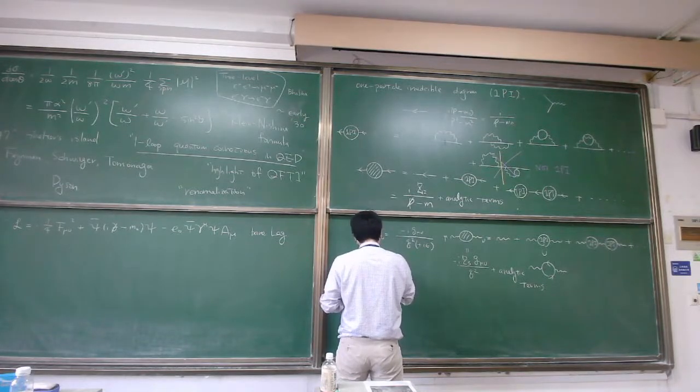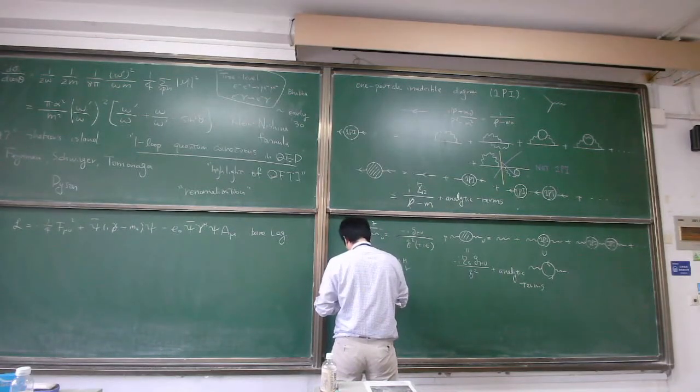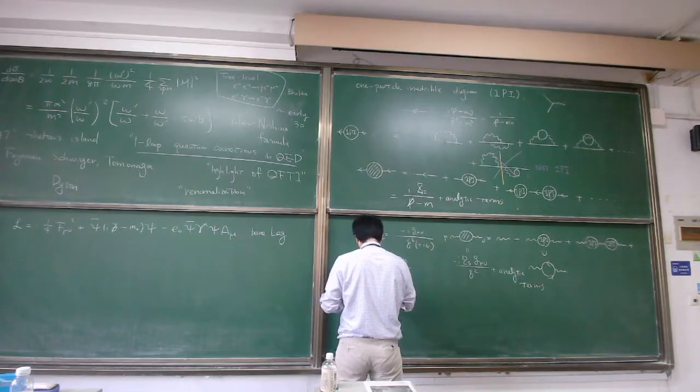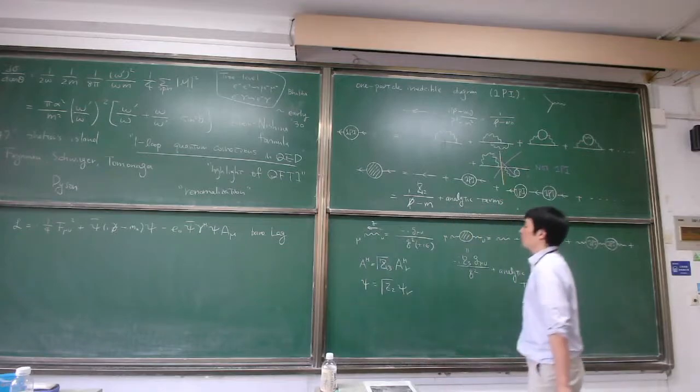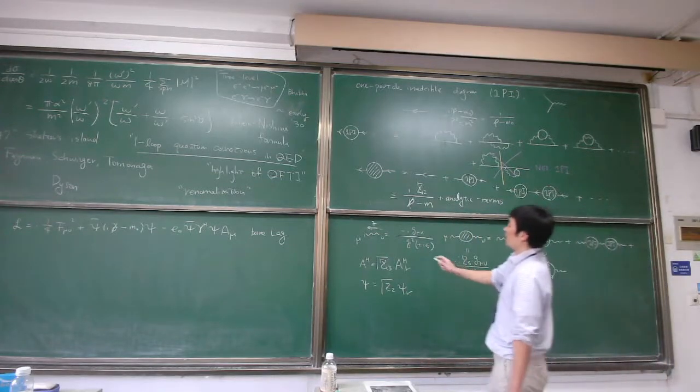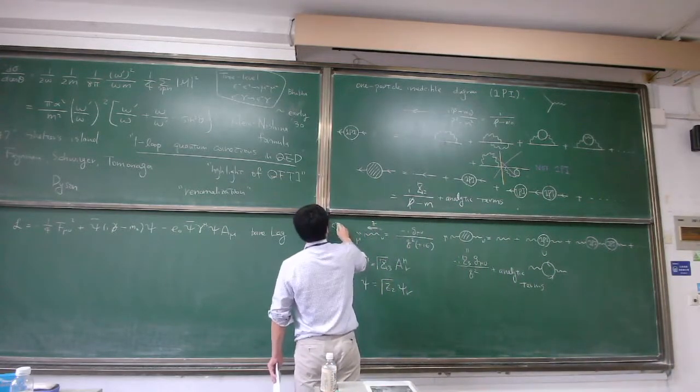If you rescale G3 to square root mu renormalized, and psi is equal to square root Z2 psi r.